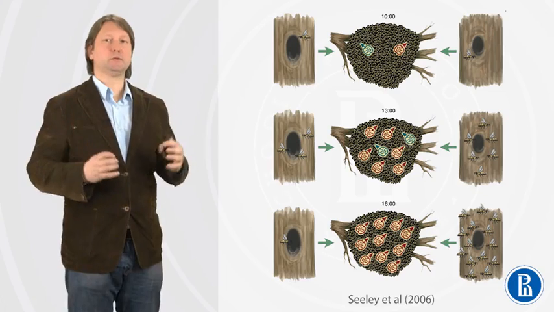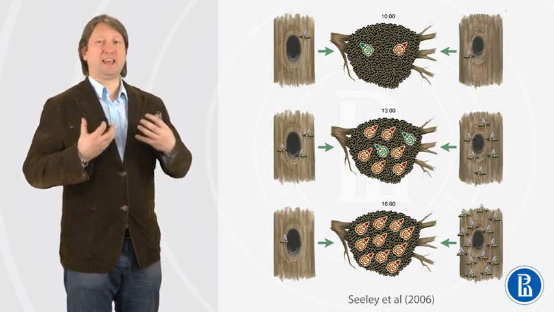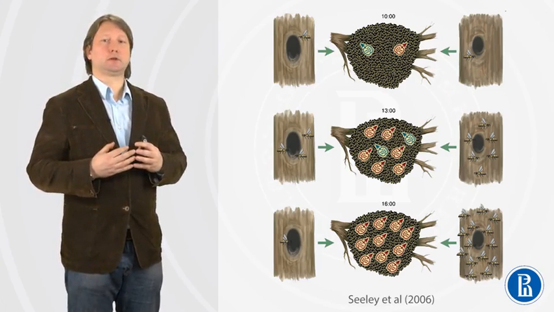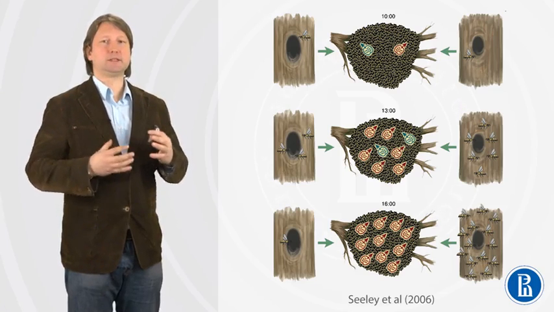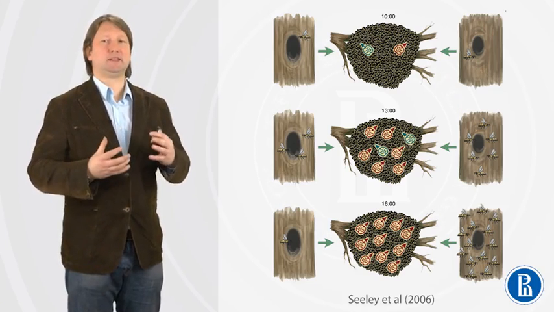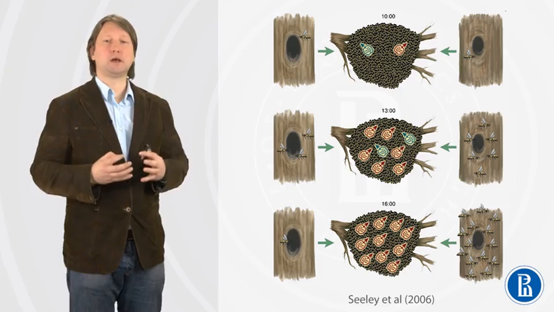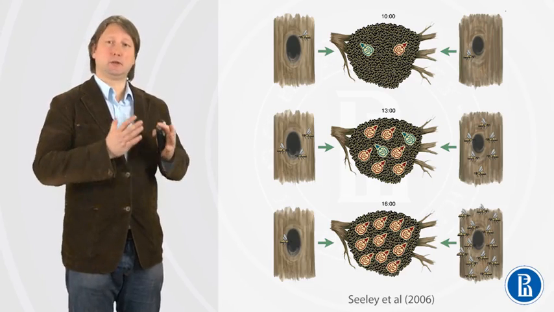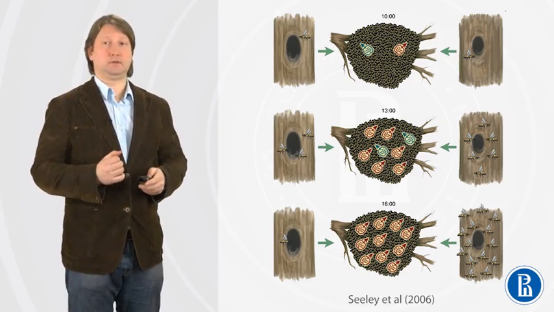So the scouts try to engage each other and try to advertise a certain direction. At a certain point of time, you can see different scouts dancing, advertising different directions. But at some point, all scouts will advertise only one direction and the colony will move in this direction.